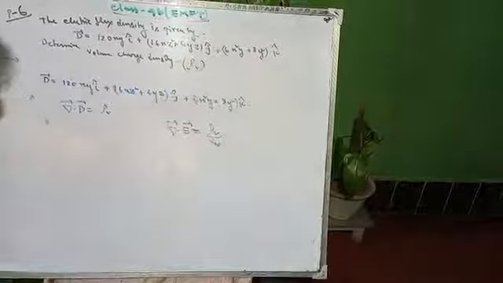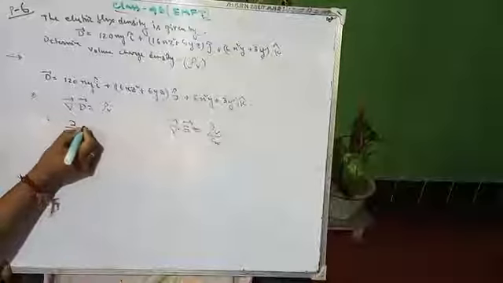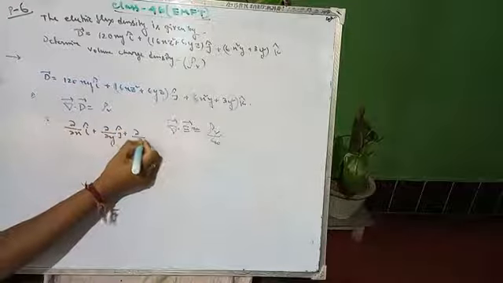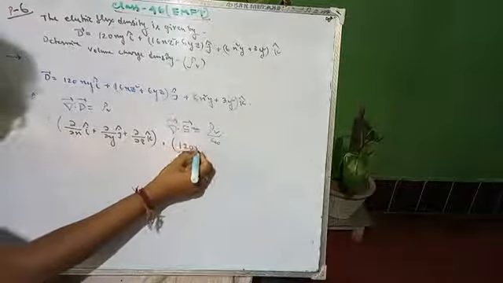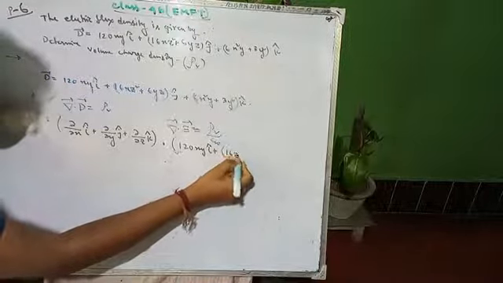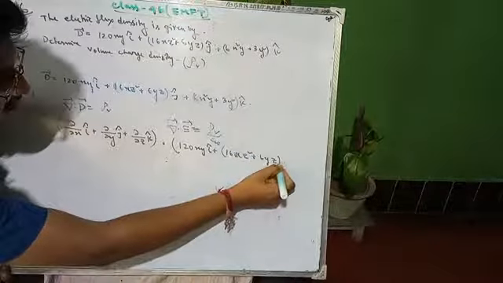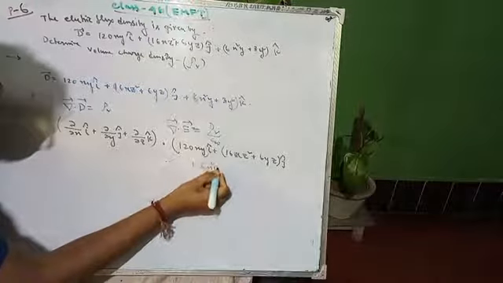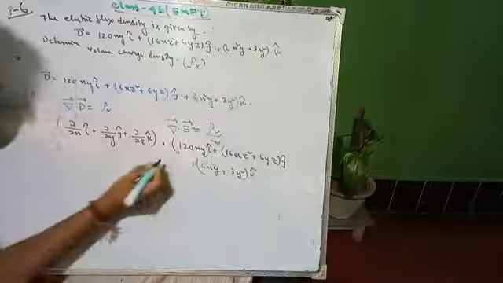So now apply the divergence. The divergence is del x i cap plus del y j cap plus del z k cap, dot product with 120xy i cap plus (16xz square plus 6yz) j cap plus (6x square y plus 3y square) k cap.